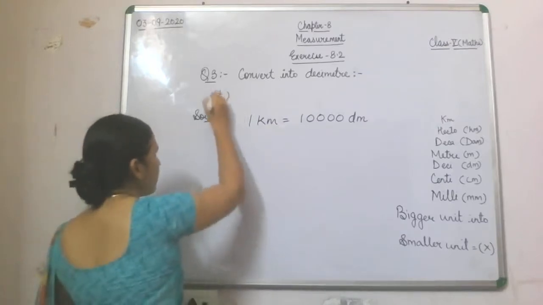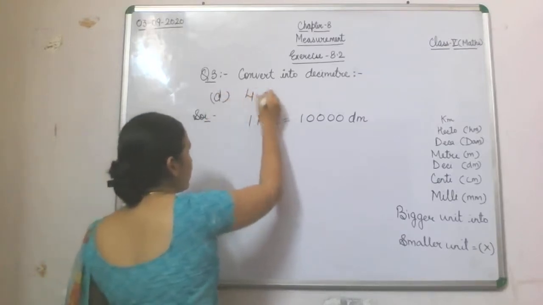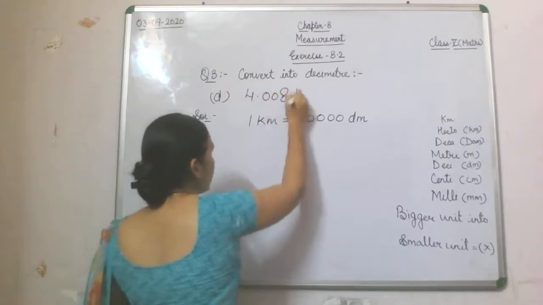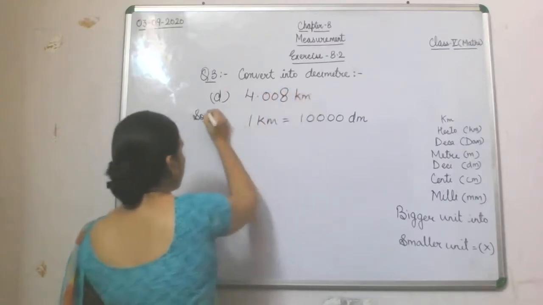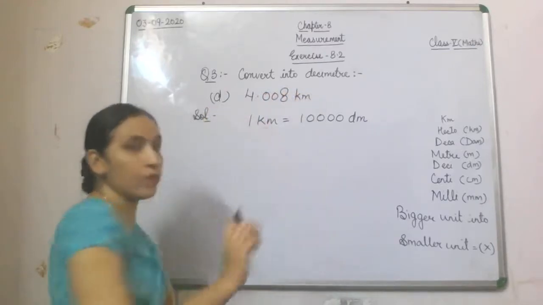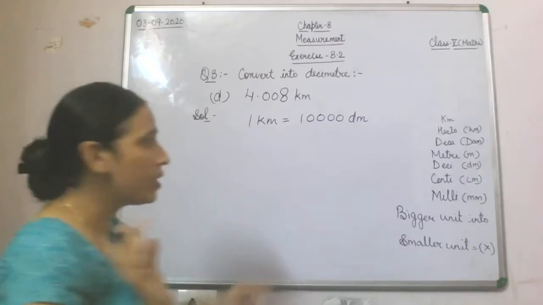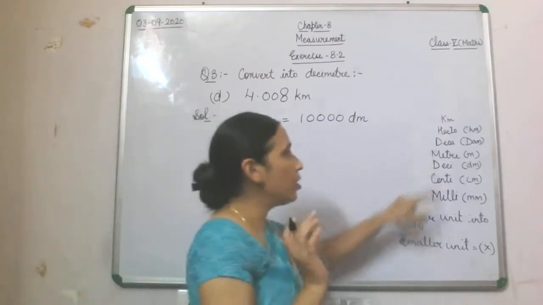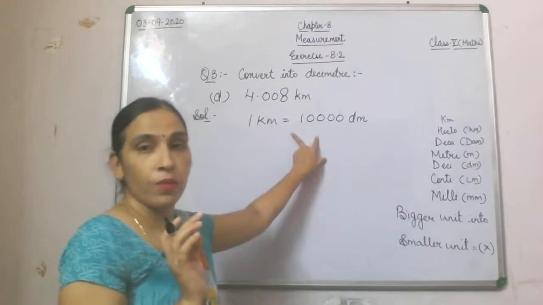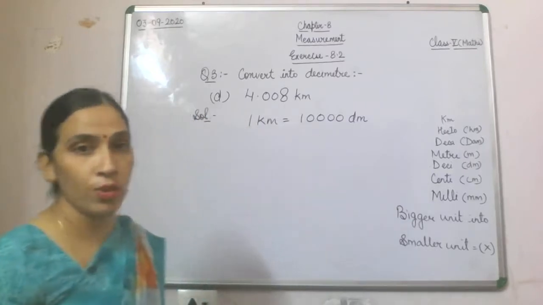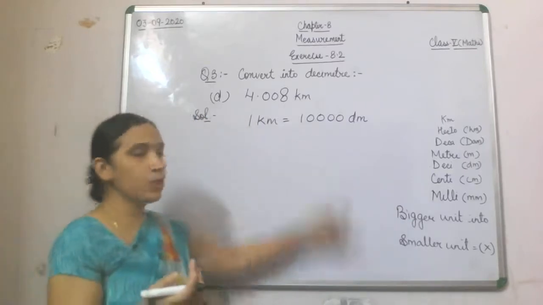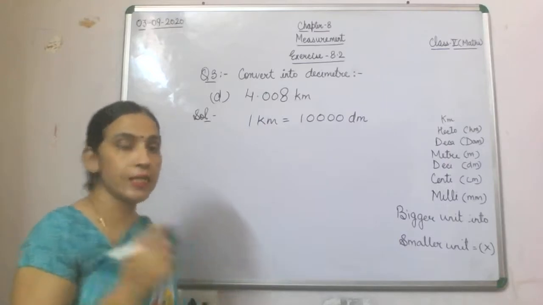D part is 4.008 kilometer. So what is the first step? To find a relation between kilometer and decimeter, we are coming 4 steps down. So 1 will be followed by 4 zeros. Here 1 kilometer is equal to 10,000 decimeter.